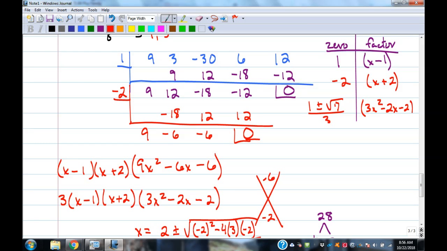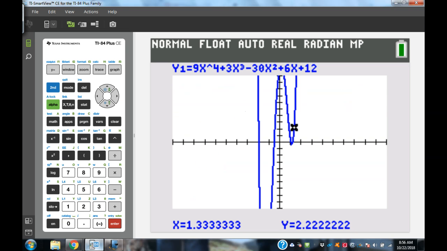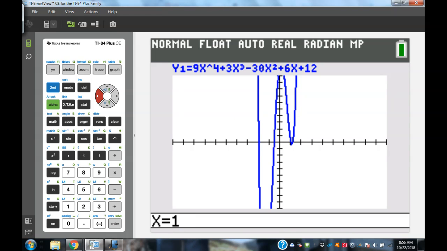So we have, now, this value right here are those in-between ones that we tried the fractions for on the graph. 1 plus square root of 7 divided by 3 is where that thing crosses. I'm going to hit trace 1, and I'm going to put parentheses 1 plus square root of 7, close the parentheses, divided by 3.